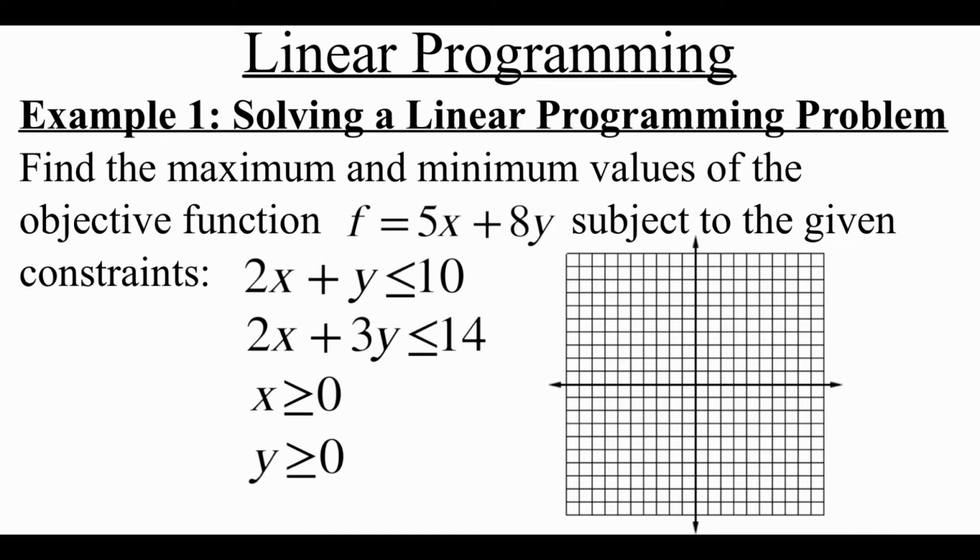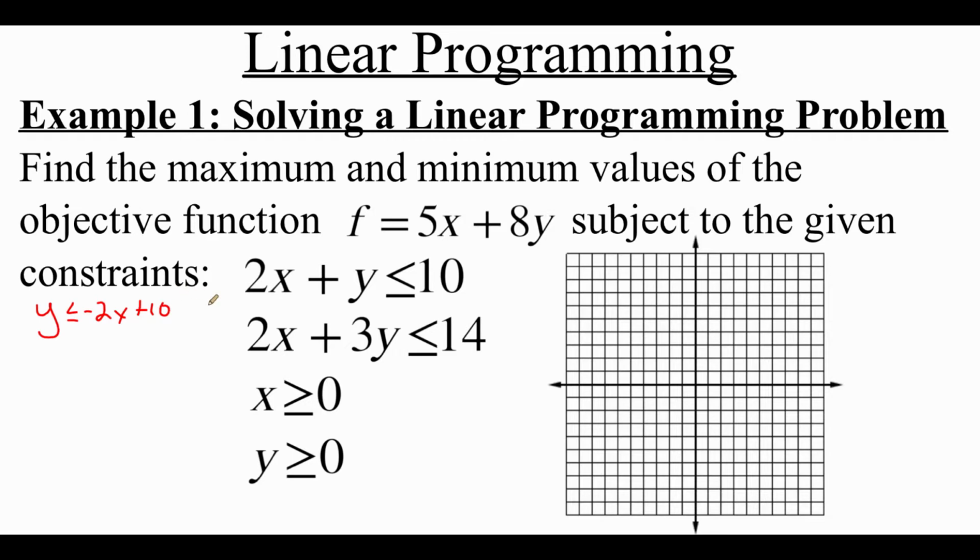As we look at this first one, to make that one easier to graph out, we're going to want to get that in sort of like a y equals form. So I'm going to subtract that 2x over to the right-hand side. So this is going to say y is less than or equal to negative 2x plus 10. Now to graph this out, we're going to pretend there's an equal sign in there, and then this will look like a y equals mx plus b equation.